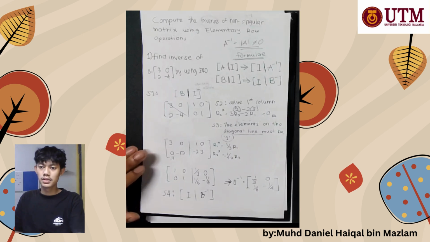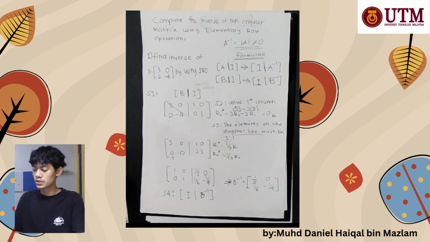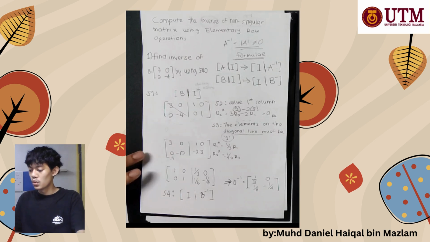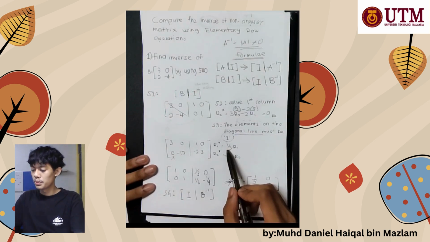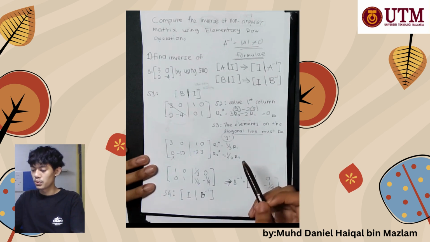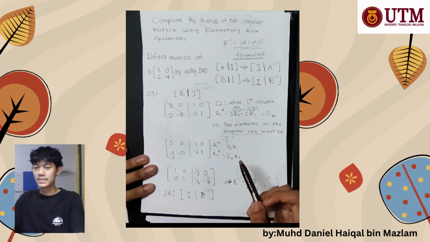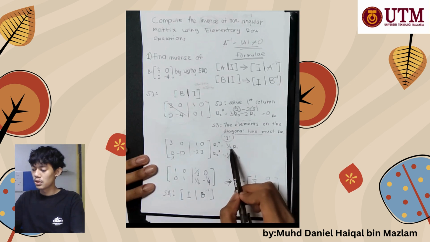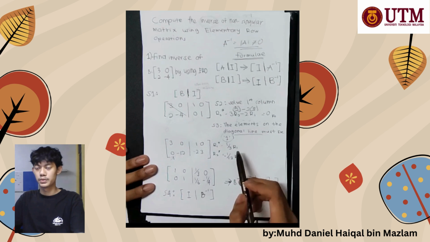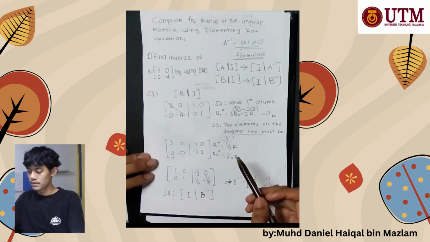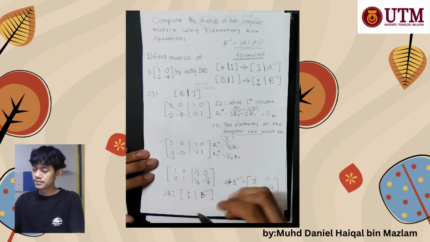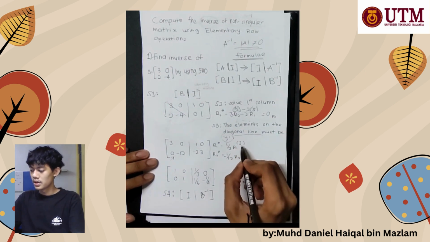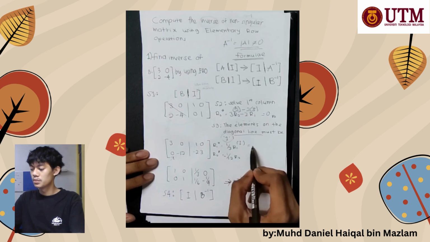The next step we must do is we solve row 1. We multiply 1 over 3 with R1. Here you can see R1 is 3, and multiplied with 1 over 3 becomes 1.